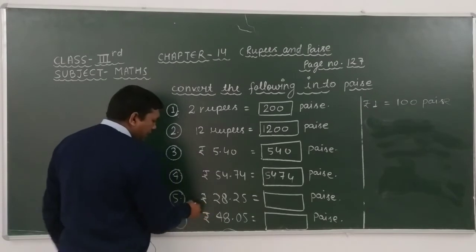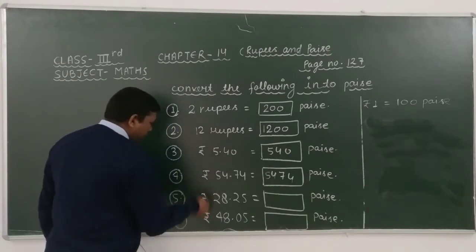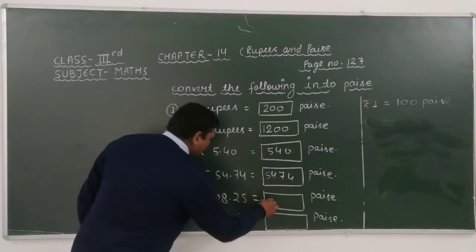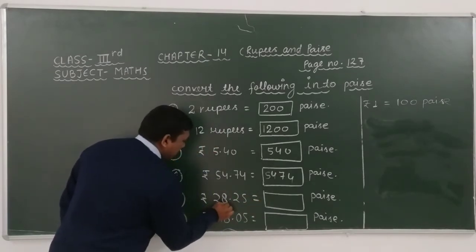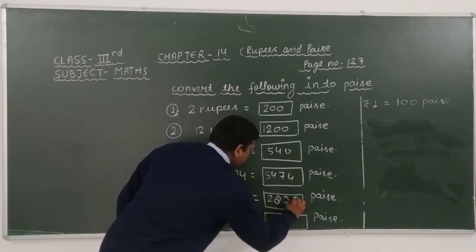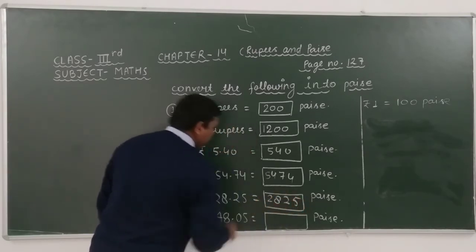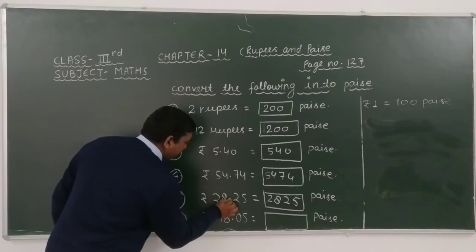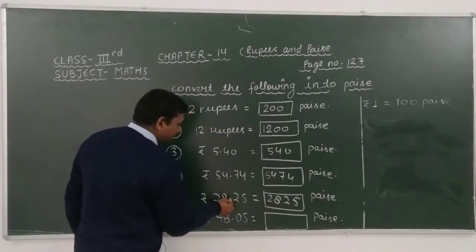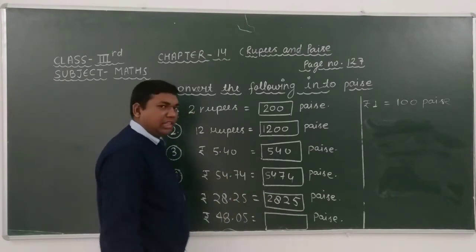Similarly, rupees 28.25 is equal to 2825 paise. Here we have to remove the given decimal point.